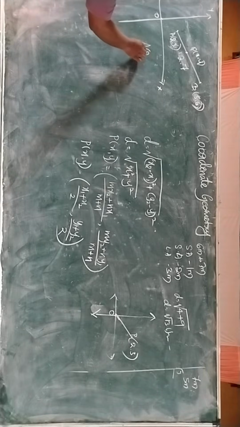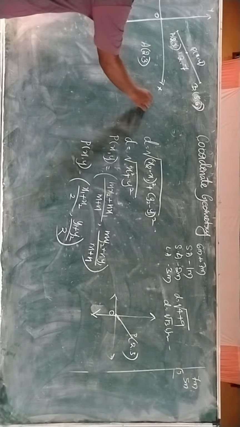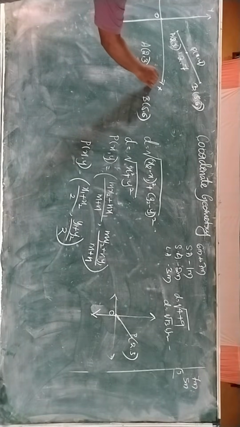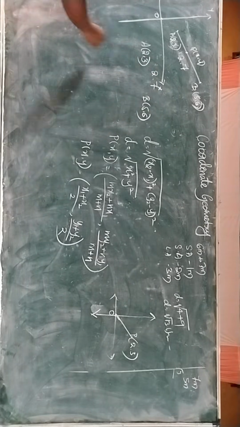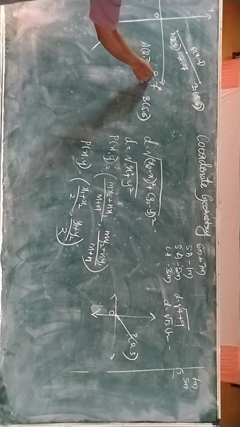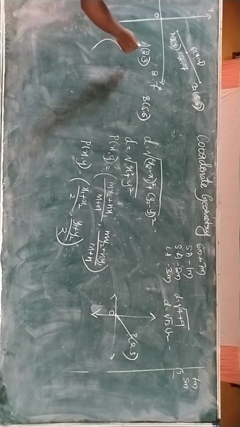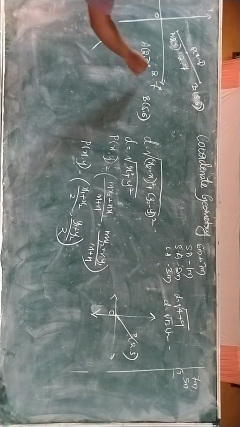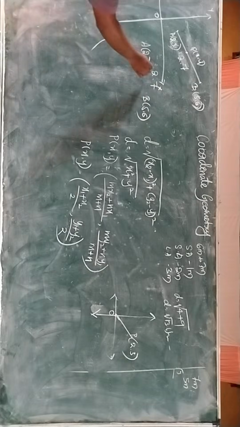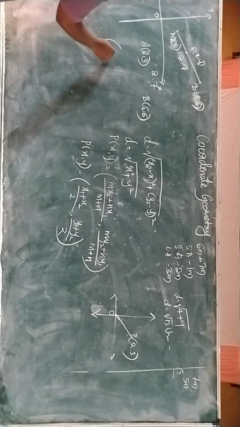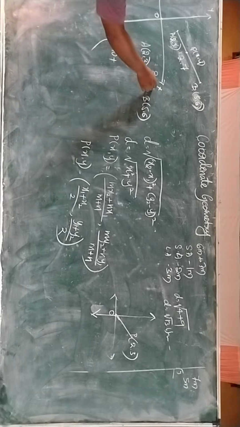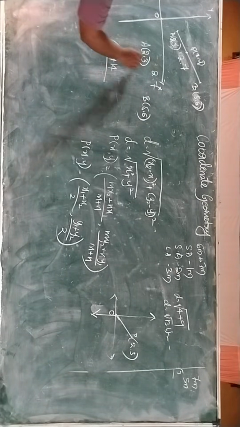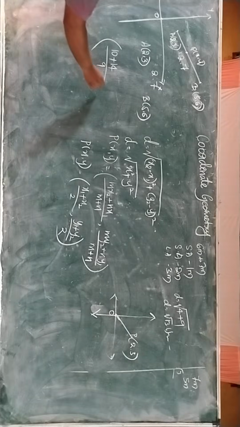Here the ratio is 2 is to 7. mx2: 2 fives are 10, plus nx1: 7 twos are 14, divided by 7 plus 2, 9.